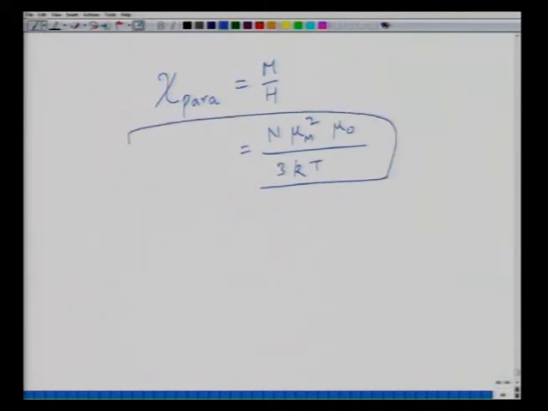And this is the same expression that, if you remember, you got for polar dielectrics, when we were talking about orientation polarization. What this paramagnetic susceptibility shows you is that it depends upon mu m, which is the magnetic moment for the atoms, and T, which is the temperature.